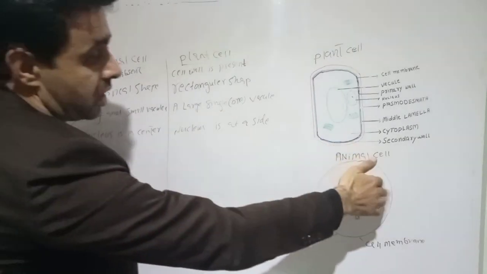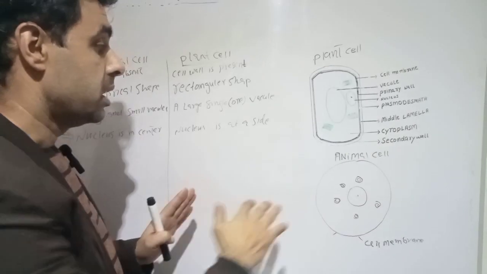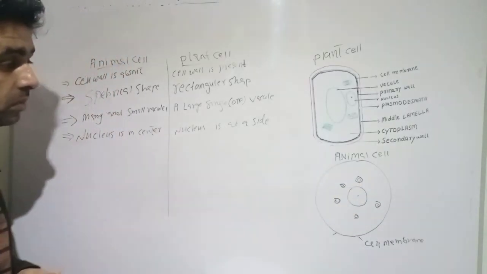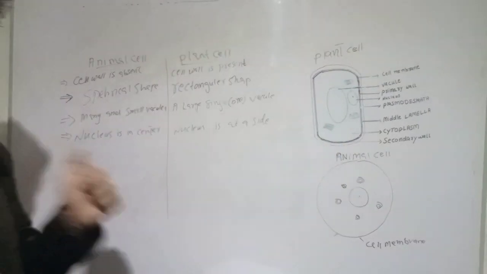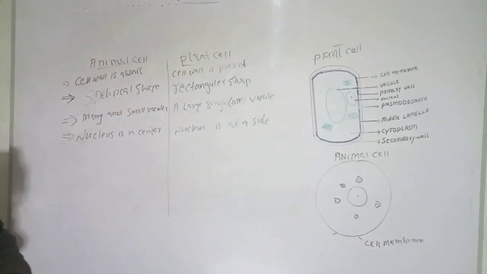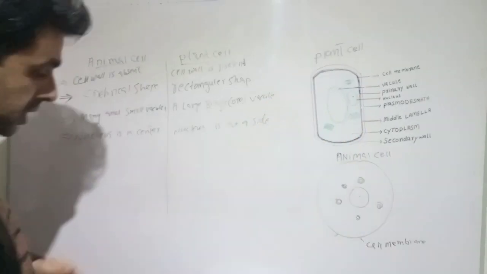The vacuoles are more in number, but they are around it. Now it is not poor just like a plant cell nucleus.